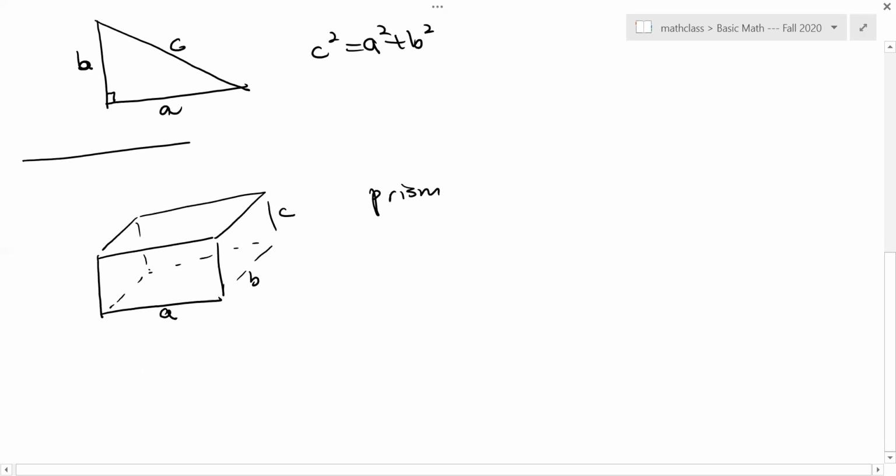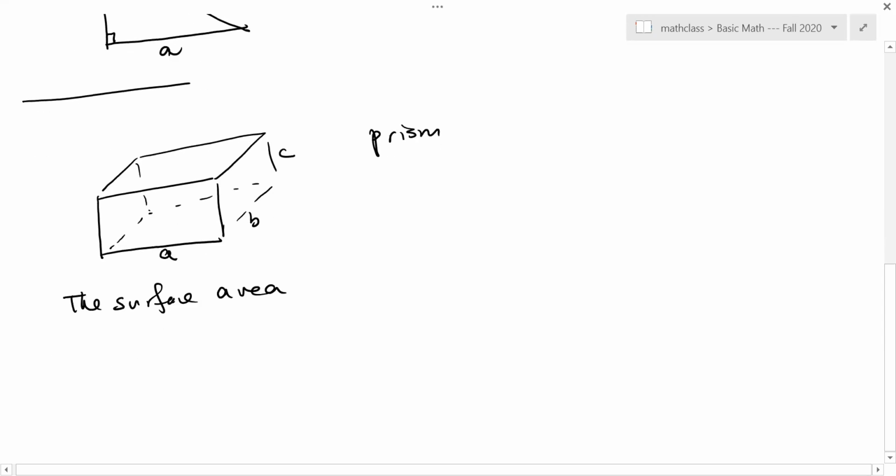All right, let's find out the surface area. How many faces are here? You can count 1, 2, 3, 4, 5, 6. The total is 6. Because this is a rectangular box, there are 3 pairs of identical rectangular faces.